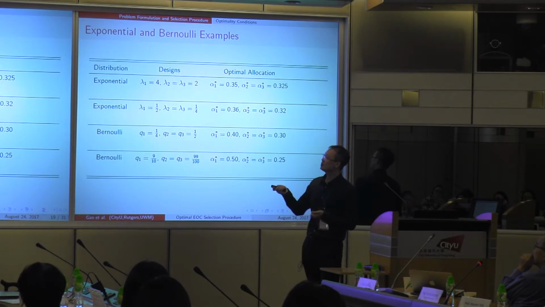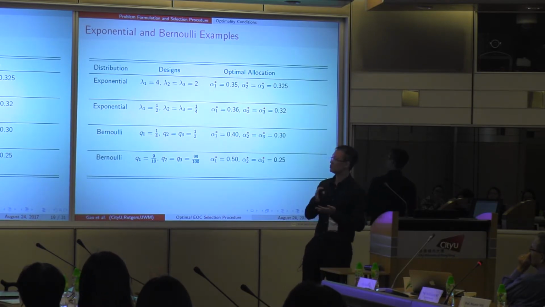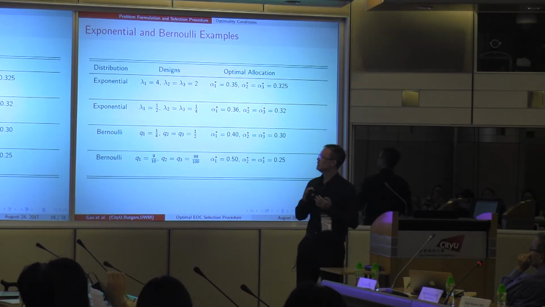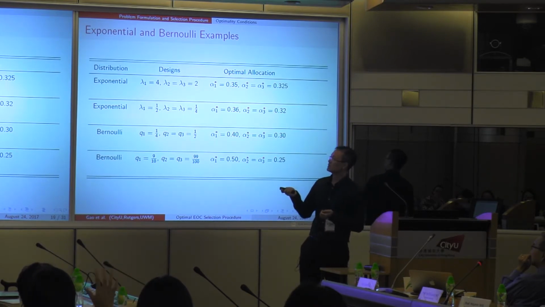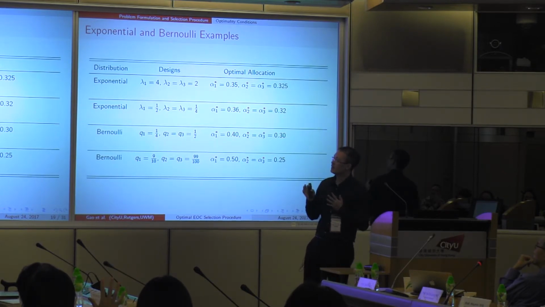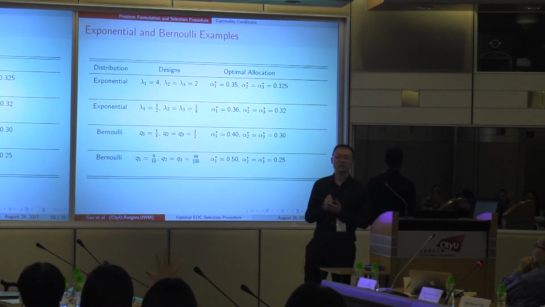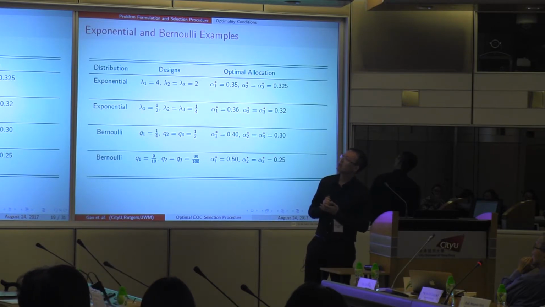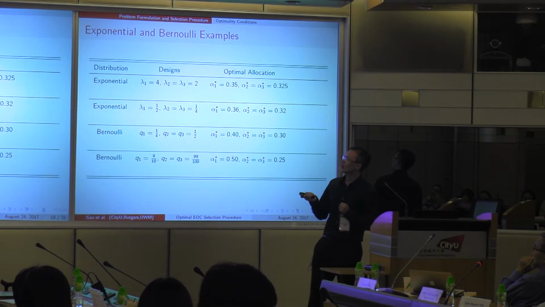And here is the optimal allocation. We can calculate that based on the asymptotic conditions we just derived. Next, for each example, we are still going to consider 3 designs. But the new 3 designs have the same mean and variance as the original 3 designs. The only difference is that now the simulation samples follow a normal distribution.